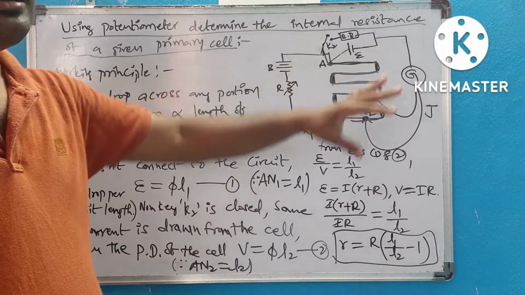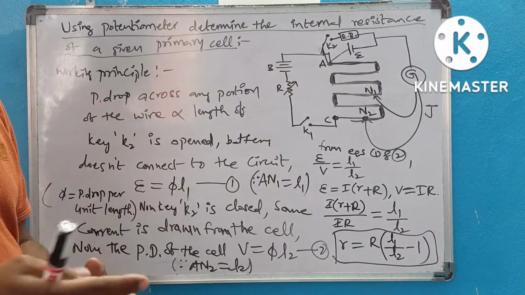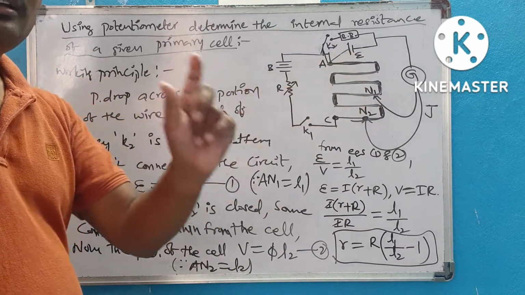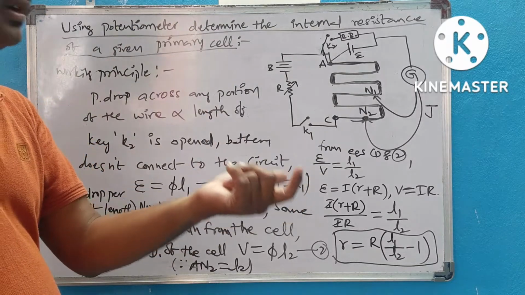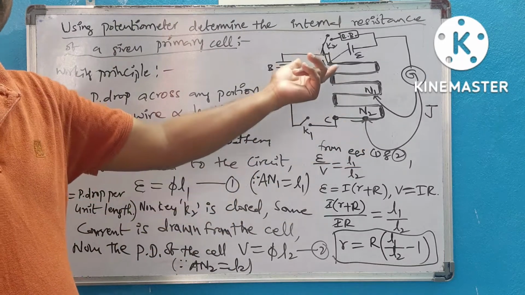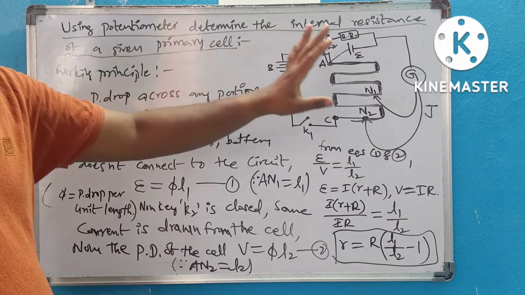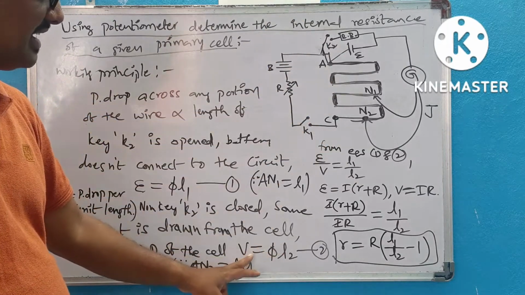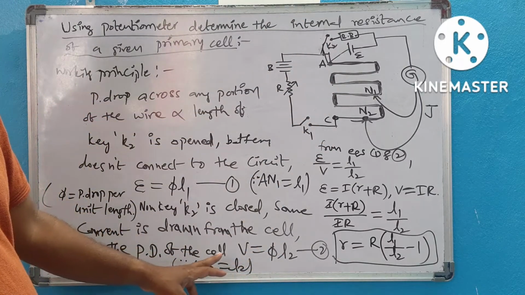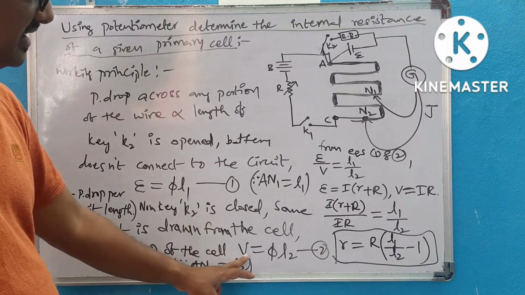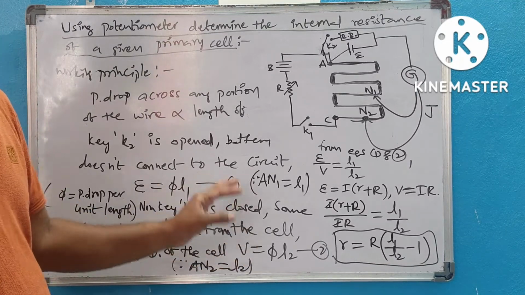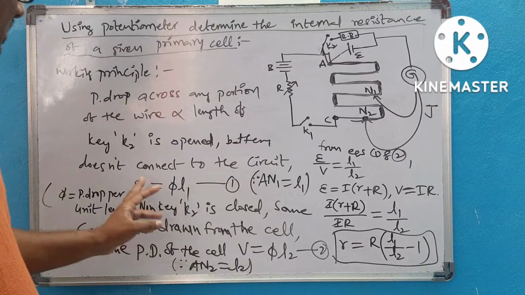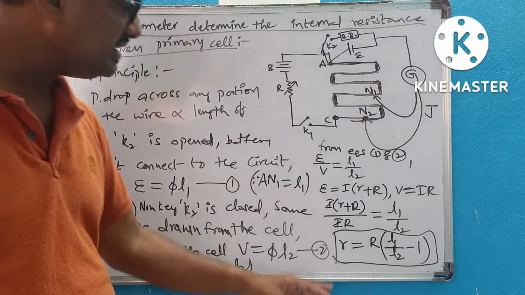But secondly, the cell supplies some current to the circuit, so there is no maximum potential difference between the two terminals of the cell. So we call it only potential, and here in place of E we write V. So E equal phi L1, V equal phi L2.